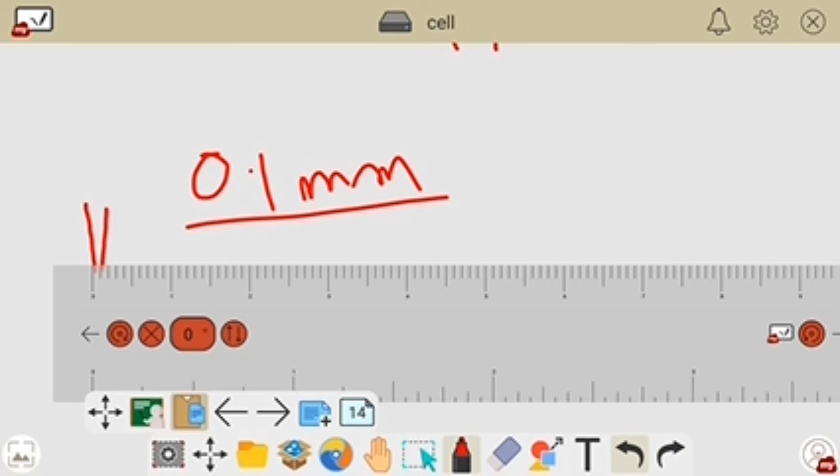This is called 1 millimeter. Now if you divide the distance between these two by 10, you get 0.1 millimeter. So this is the size of the human egg cell.